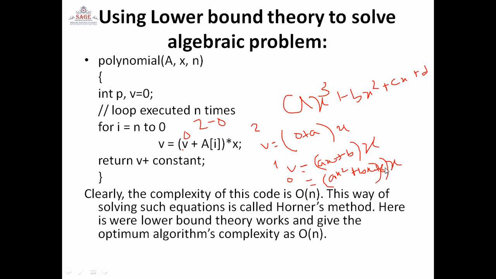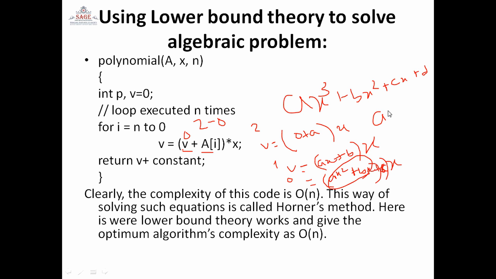Okay, then we'll move inside for 0th element. Ax square plus bx is what? This is our v. Ai is what? This c. Okay, this c is what? We have this, and x is what? This is. So this is going to give you what?